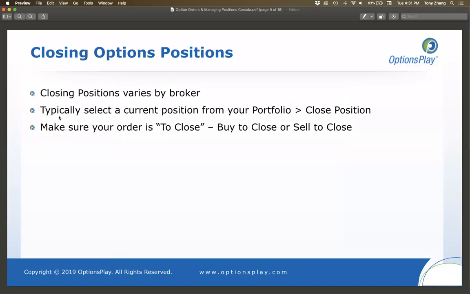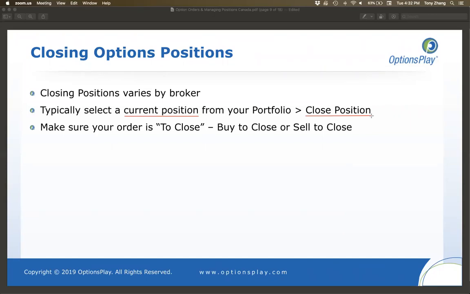Now, once you're in a position, closing a position will vary heavily from broker to broker. And typically, most brokers allow you to select a current position. So many times you can go to your positions tab or your account holdings tab where you can see your current positions. And usually you can select an option position that you're in, and usually you should have an option to close that position.